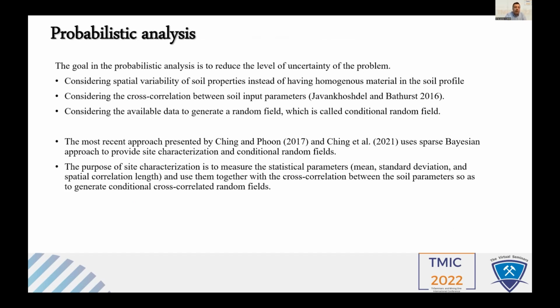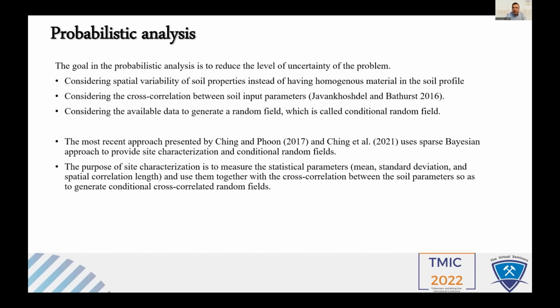One is considering a spatial variability of soil properties, instead of assuming that every sample is homogeneous. The second one, Brigid explained, is considering cross-correlation between soil input parameters. And one more step is considering the available data to generate the random field, which is called a conditional random field.